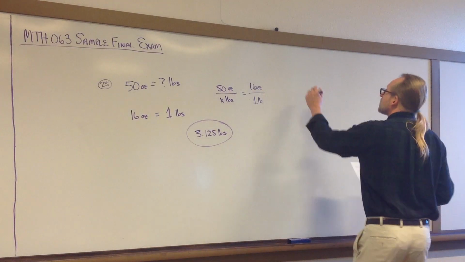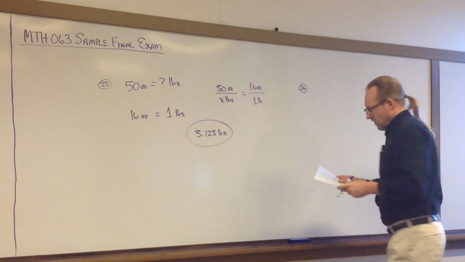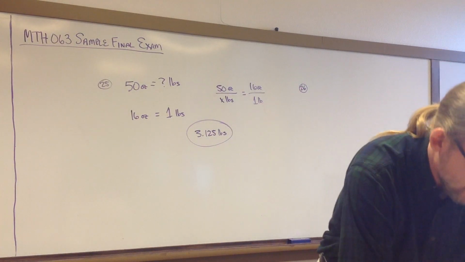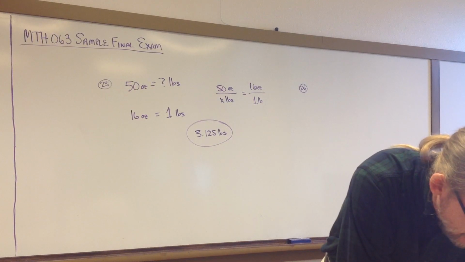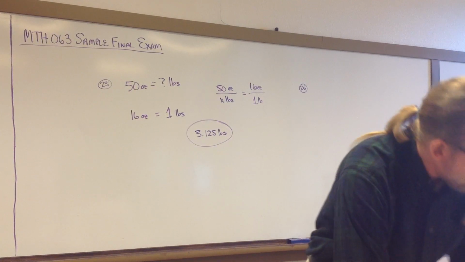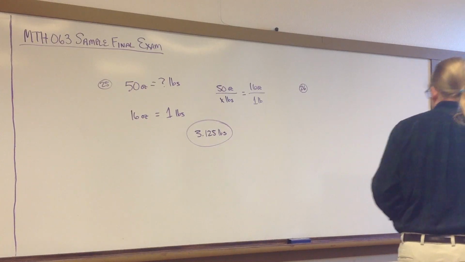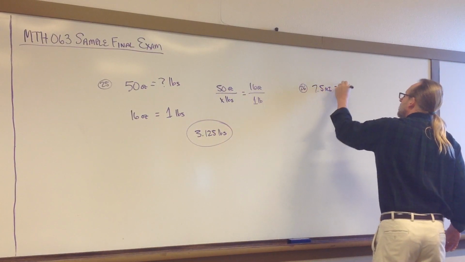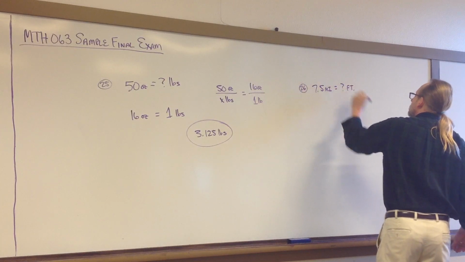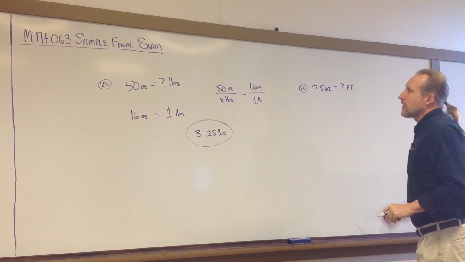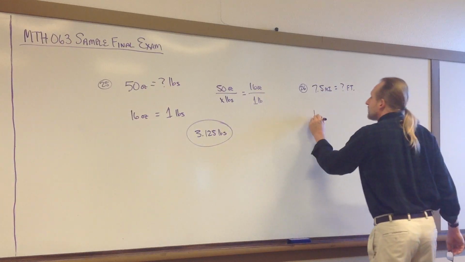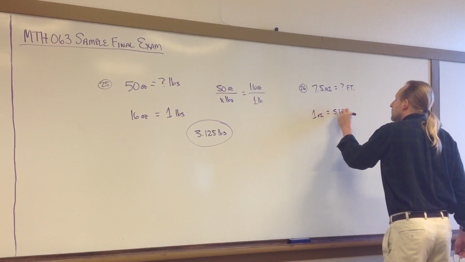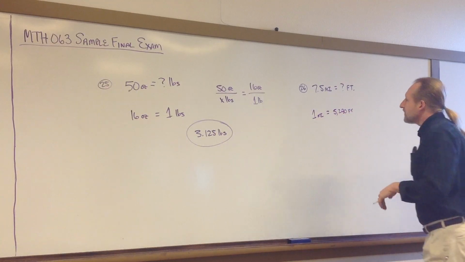Problem 26. Here we're going from miles to feet. So 7.5 miles equals how many feet? Okay, well our conversion factor here is that 1 mile is equal to 5,280 feet.